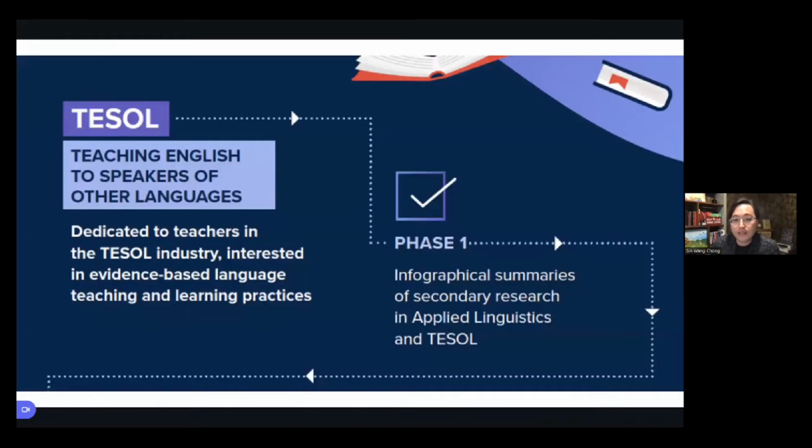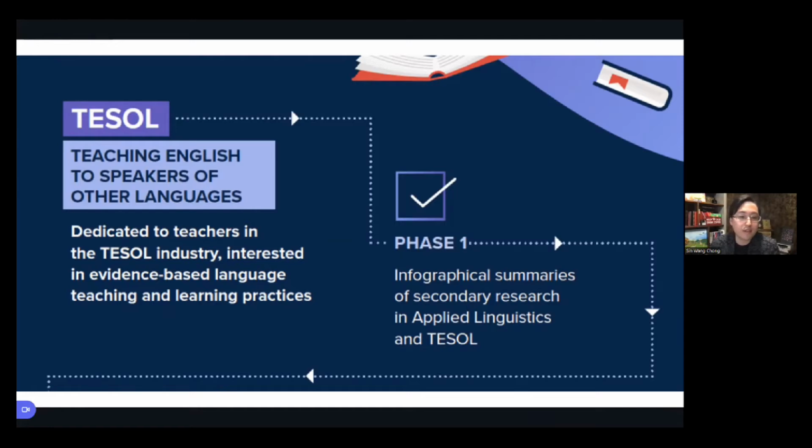So what we do at TESOLgraphics is we aim to provide one-page infographic summaries on secondary research in applied linguistics and TESOL. We focus exclusively on secondary research for the reasons that I discussed above. Currently, we are only looking at TESOL, that means teaching English to speakers of other languages.